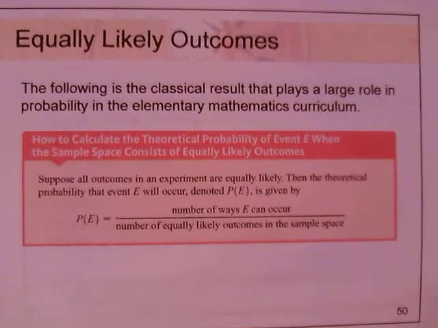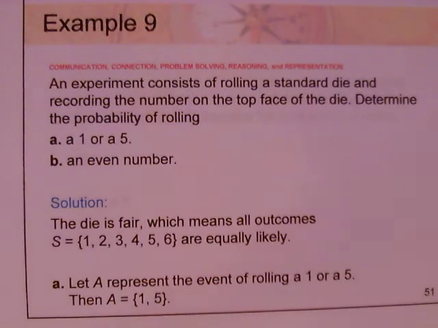So in example 9, an experiment consists of rolling a standard die and recording the number on the top face of the die. Determine the probability of rolling a 1 or 5 in part A, and in part B an even number. So here the die is fair, which means all outcomes in S, which is 1, 2, 3, 4, 5, 6, are equally likely.